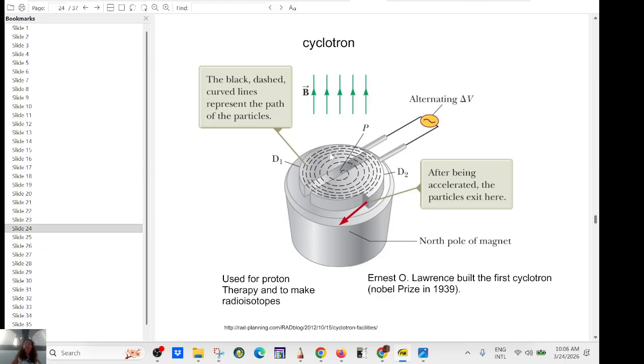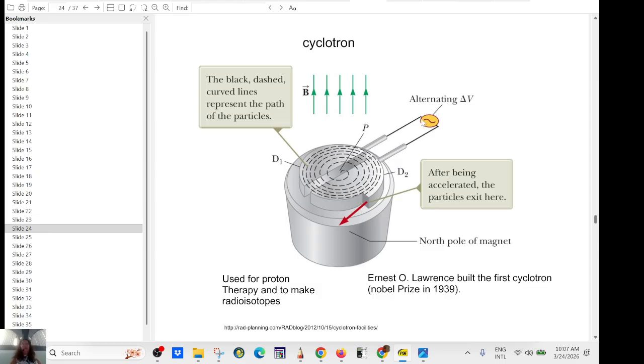So each time the particle is over the gap, you push it with an electric field. You push, go around the circle, push, go around the circle, and push again. Yes, the time is always the same.